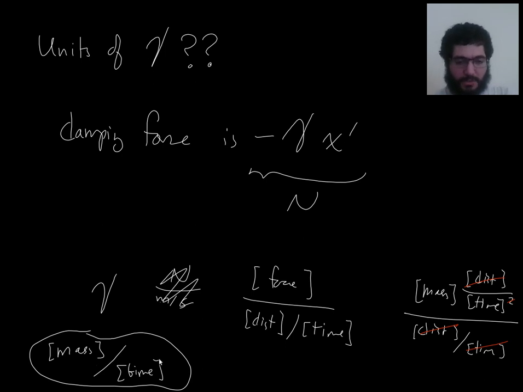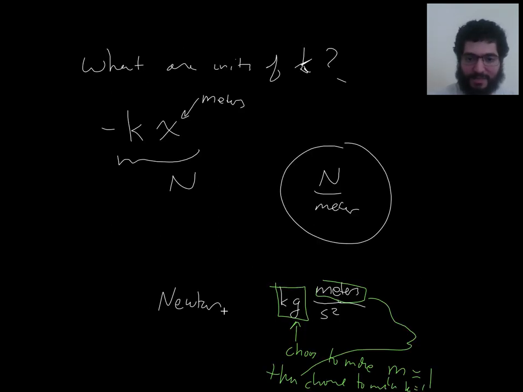So actually, couldn't I just scale my units of time in order to force gamma to be any number I want? I'm a little bit surprised by that. Did I make a mistake here? Okay, I had just paused to try to find my mistake. Yes, I made a mistake determining what are the units of k.